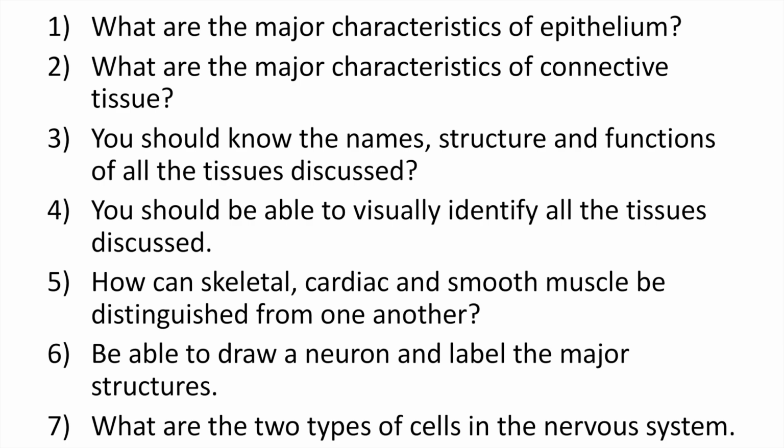So for today's study guide, you should know what the major characteristics of epithelium are, what the major characteristics of connective tissue are, the names, structures, and functions of all the tissues discussed. You should be able to visually identify all the tissues discussed. For this, you should use your lab manual, and the posted histology slide handout.